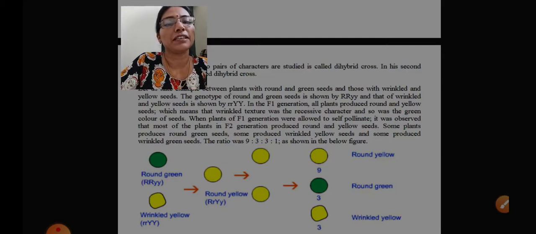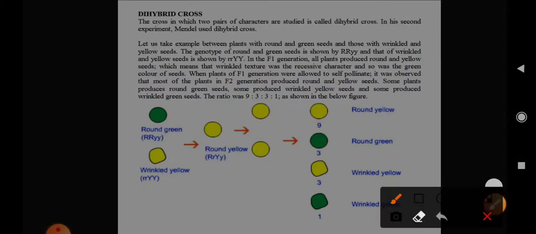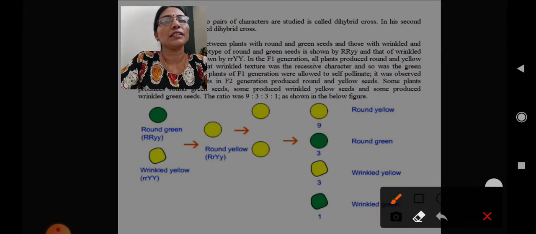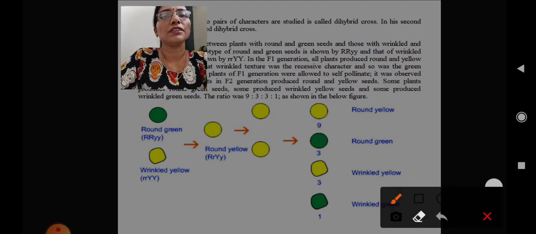One pair is green colored and yellow colored seeds. Here you can see yellow colored seeds and here you can see green colored seeds. In the first generation, here you can see green colored parent and yellow colored parent are taken.